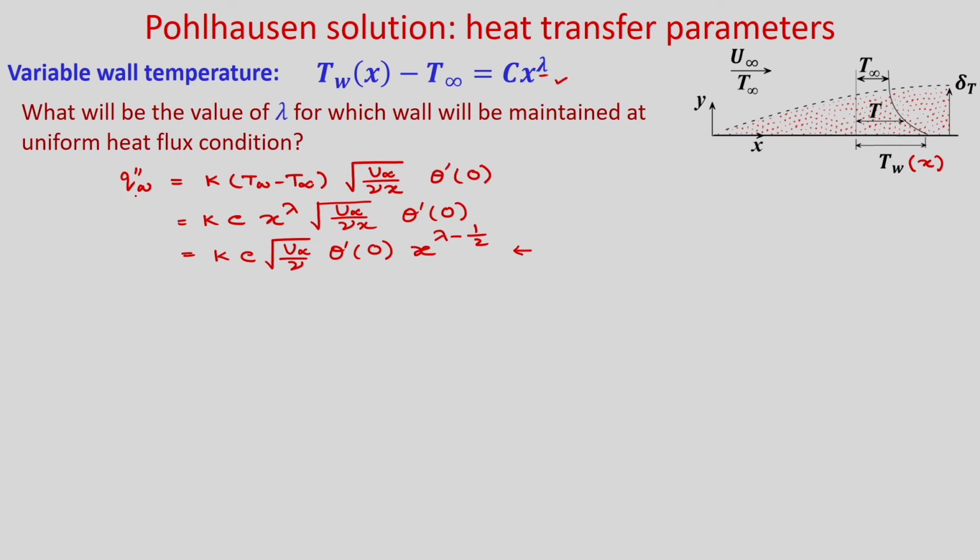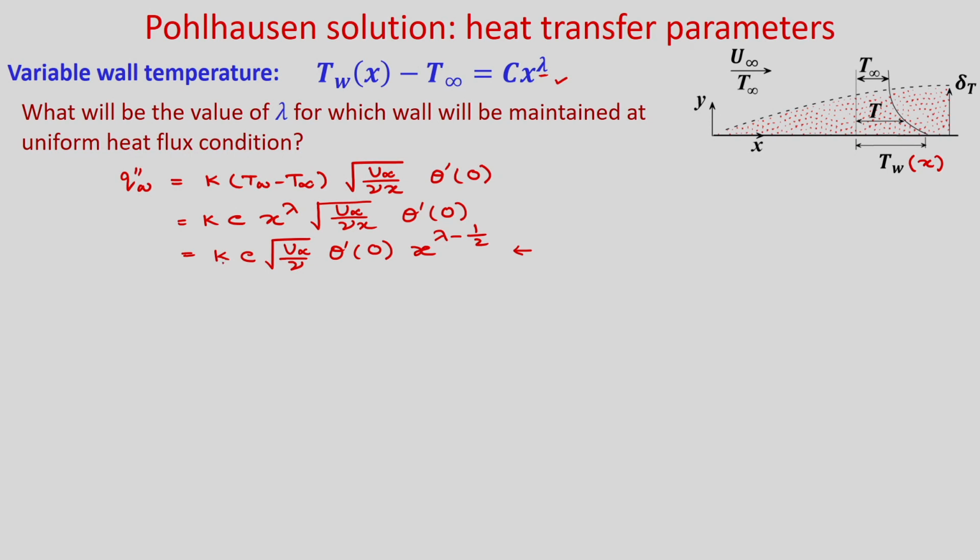Now, to maintain a uniform wall heat flux condition, it should be independent of x, right. Then only the wall will be maintained at constant heat flux. Here k is the thermal conductivity, which is constant, C is the integration constant, u infinity the free stream velocity is constant, nu the kinematic viscosity is also constant, and theta prime 0, the temperature gradient at eta equal to 0, has some numerical value, so that is also constant.